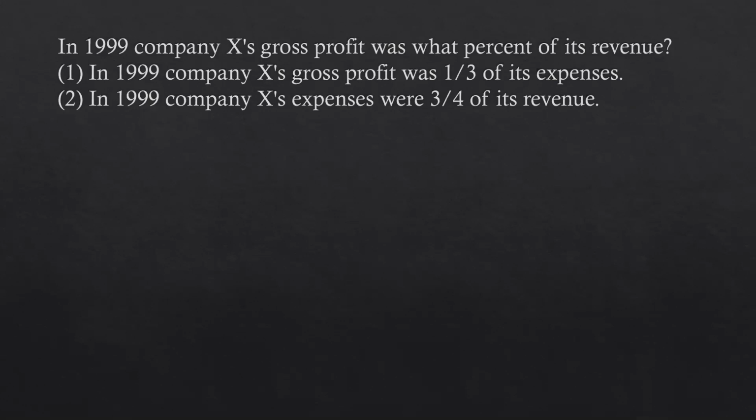Okay, so it says that in 1999, company X's gross profit was what percentage of its revenue? So the question is asking profit over revenue. So what is profit? Profit is revenue minus costs, over revenue. That is what we want. First statement says gross profit was 1/3 of its expenses. So profit is 1/3 of the cost.